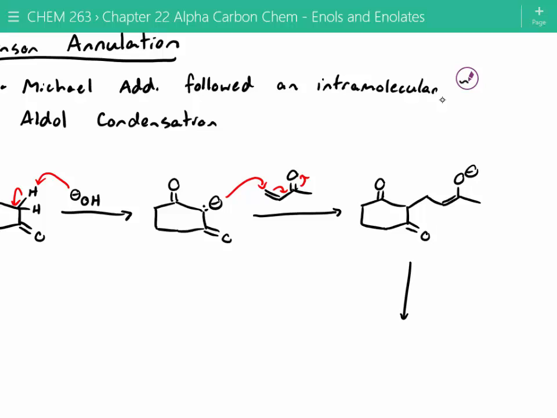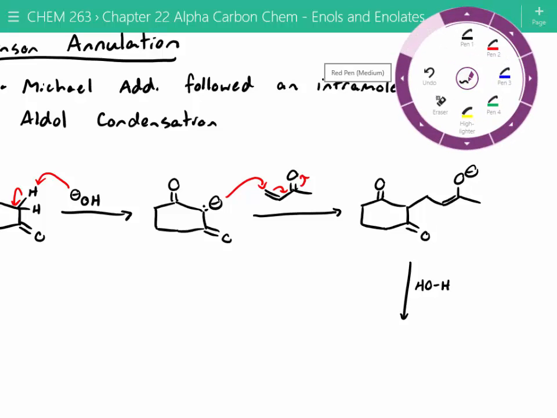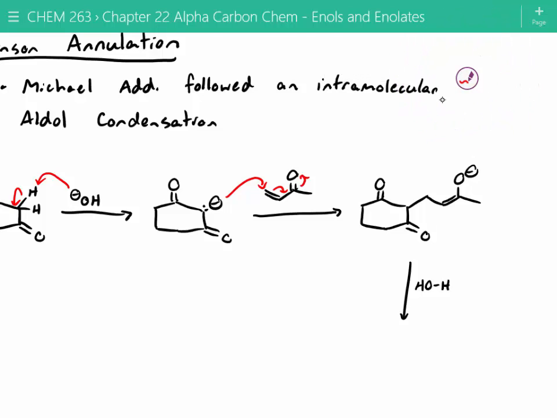And then the last part of our Michael addition is having this tautomerize back. Well, remember in the first step we used sodium hydroxide and made water. And this will quickly tautomerize back to our ketone.